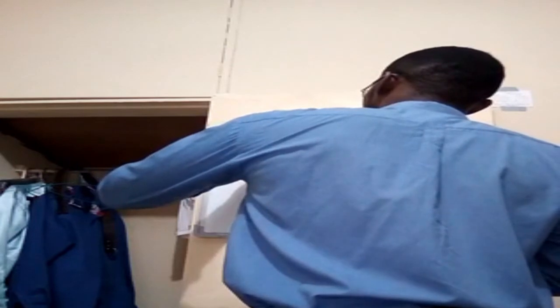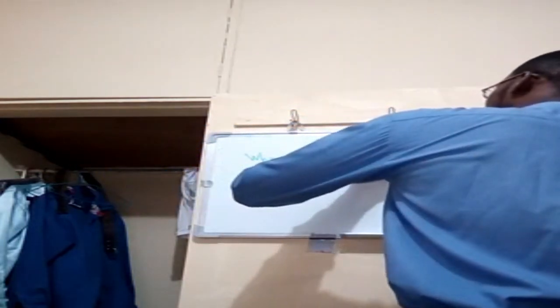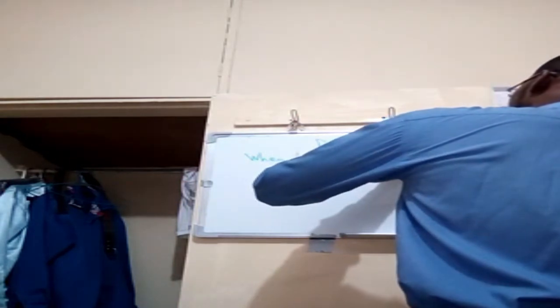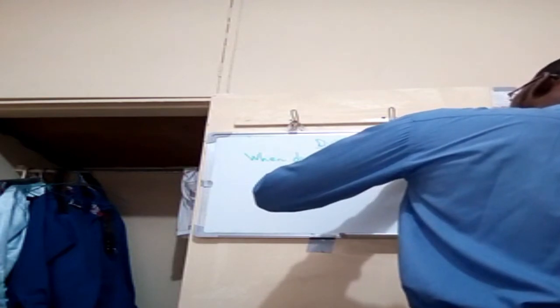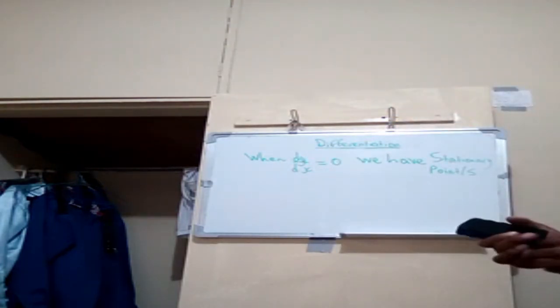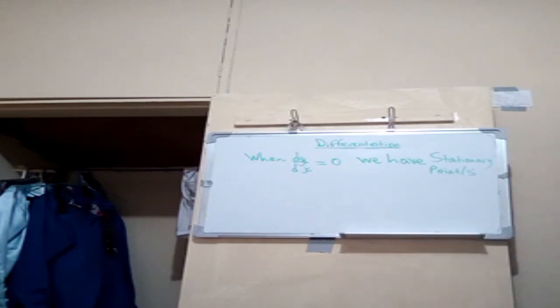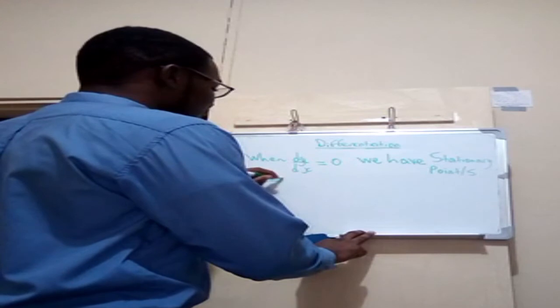Alright, so let's write it down. When dy by dx equal to 0, we have stationary points. Now we have what is known as the second derivative.